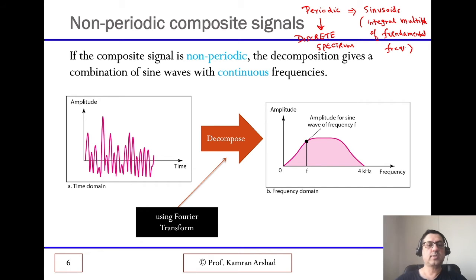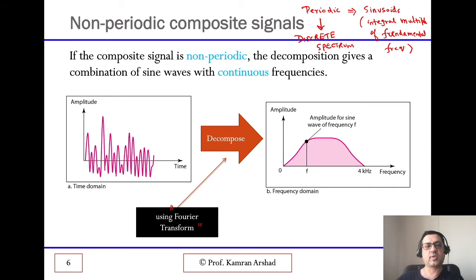On the other hand, later in his life Fourier generalized this for non-periodic signals as well. Initially he proposed that periodic signals have a large number of sinusoids whose frequencies are integral multiples of each other, giving a discrete spectrum.